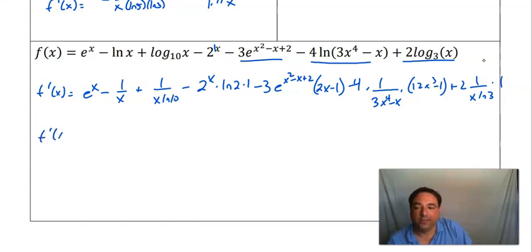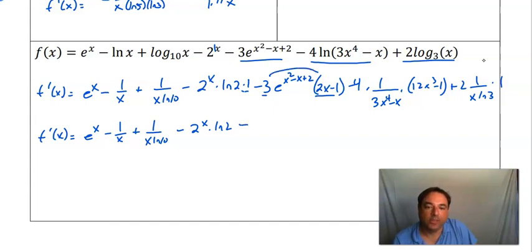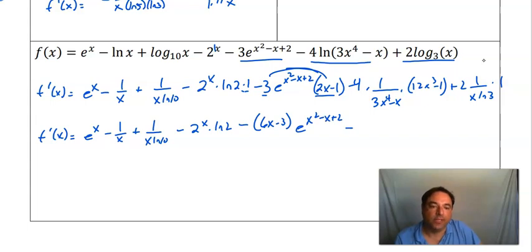Now let's clean it up. So when we clean it up, we have e to the x minus 1 over x plus 1 over x ln of 10 minus 2 to the x times ln of 2, multiplied by 1 doesn't change anything. Then here, we could distribute the 3 to the 2x minus 1 if we wanted to. So if we did that, in parentheses, that would be 6x minus 3, e to the x squared minus x plus 2, minus, now we can distribute the 4 in the parentheses.